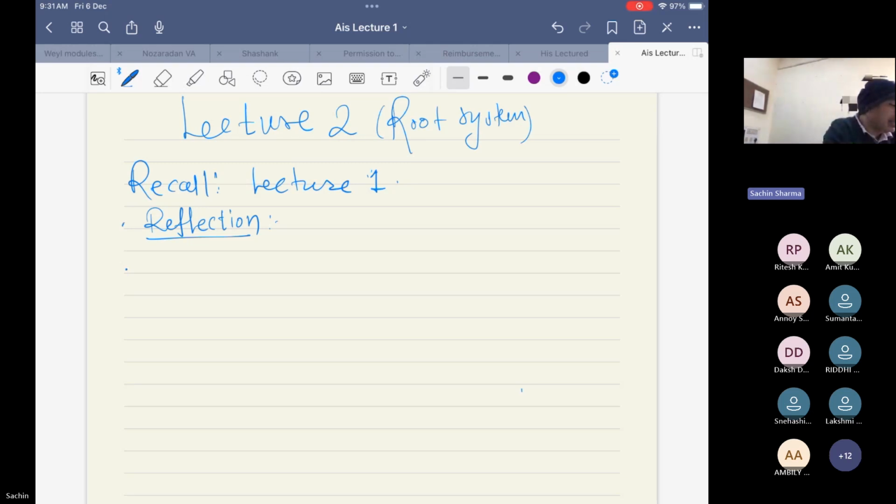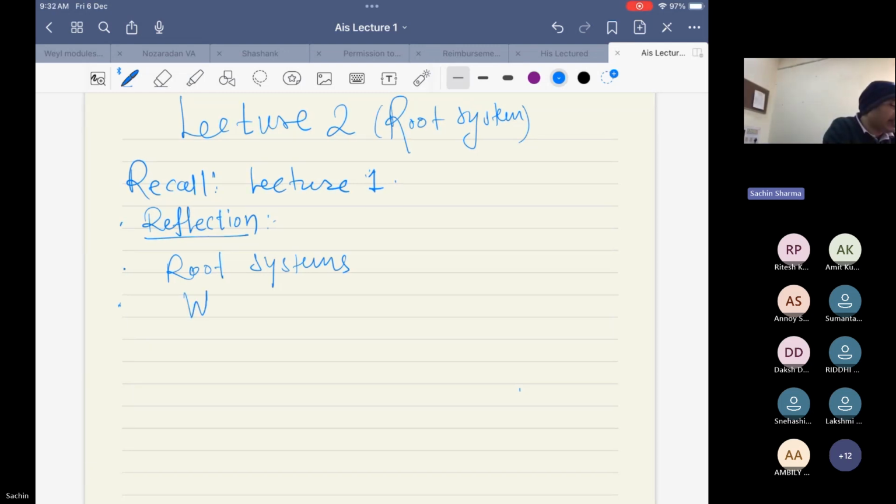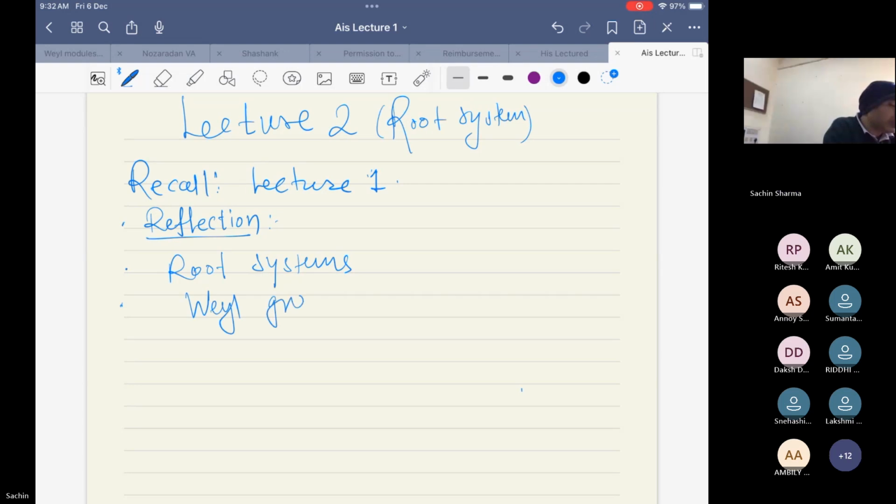Then we defined root systems, which is the main object of study, in a finite dimensional vector space over a field R. And then we associated a very nice group with those root systems, which preserves the root system, called the Weyl group.